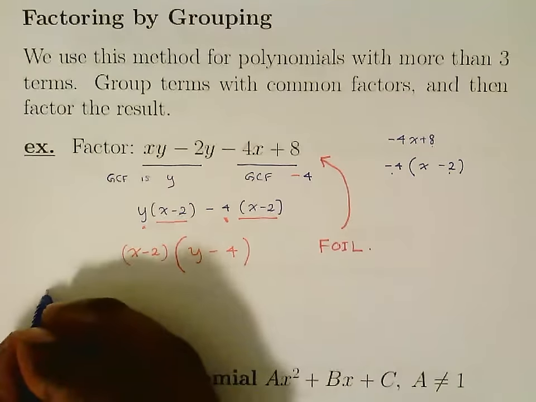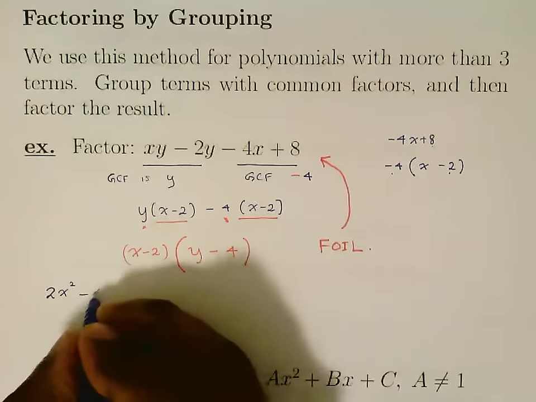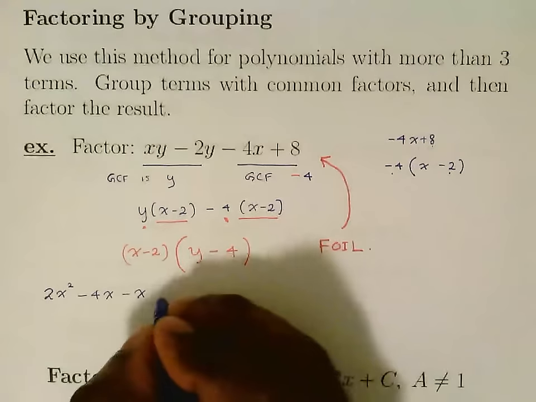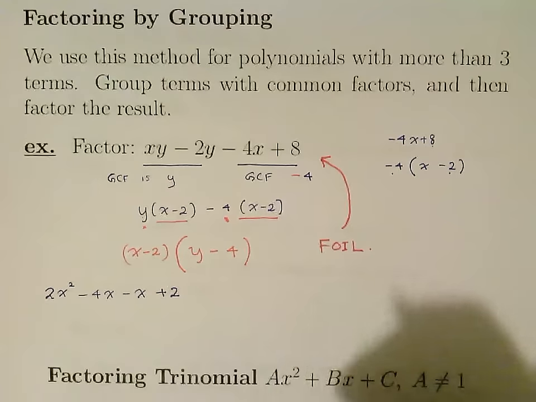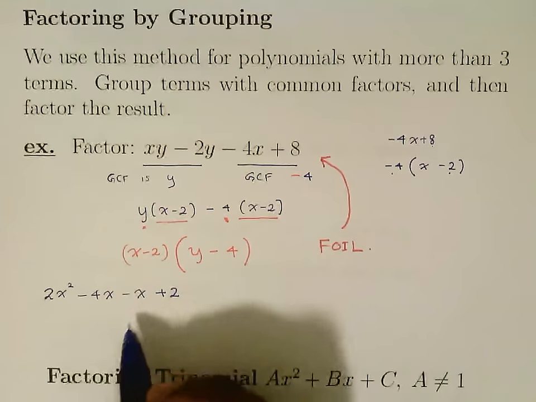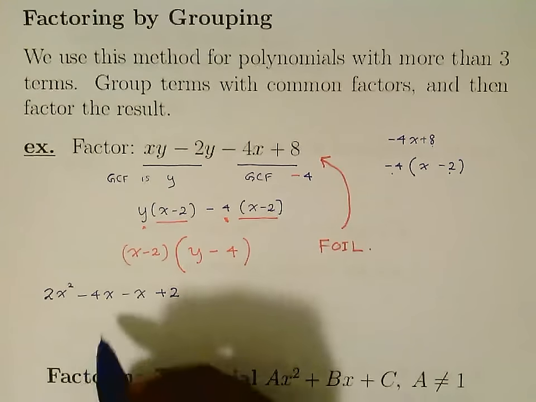I would do 2x squared minus 4x minus x plus 2. So here I'm trying to factor this. I'm not trying to combine this. I'll just factor it. Okay, so let's see how do I go about this.